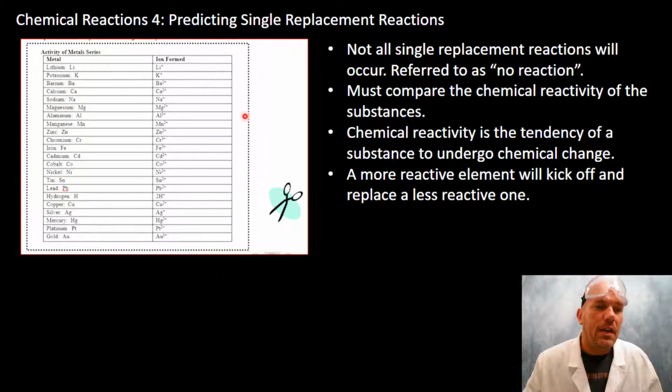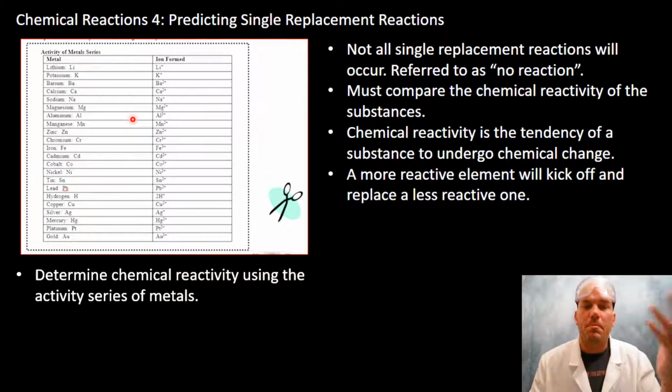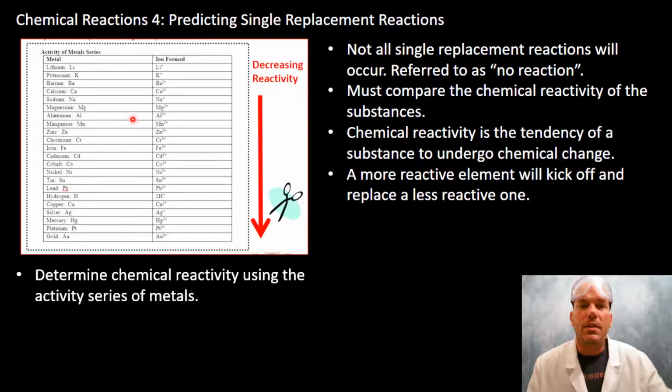When we look at this activity series of metals, it's pretty intuitive the way it's set up. Basically, the reactivity is going to be decreasing as you move down the series. In other words, species at the top are going to be the most reactive and are going to have the greatest chemical reactivity.